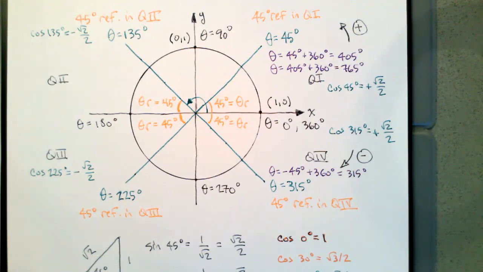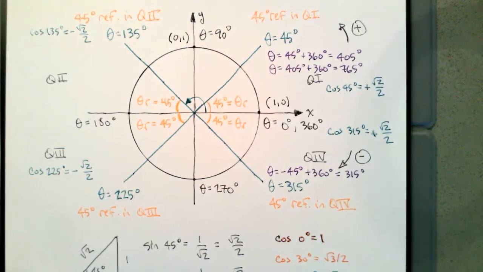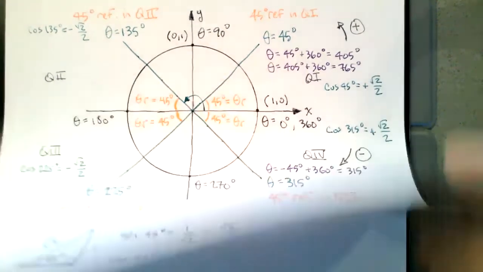So if cosine is associated with x, so cosine theta is positive when x is positive, you can probably guess what we're going to do with sine. So let's list our values of sine that we know for our 3 reference angles. We know that sine of 0 degrees is 0.